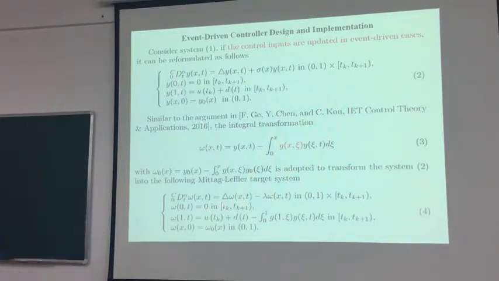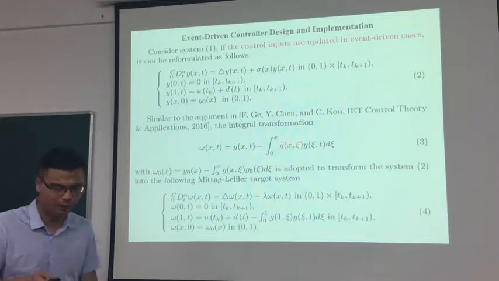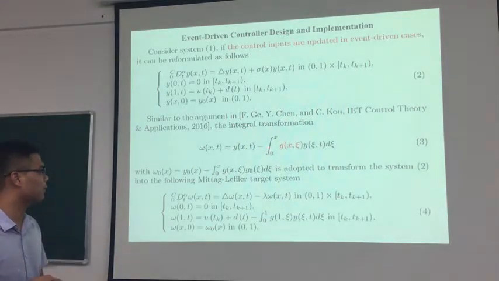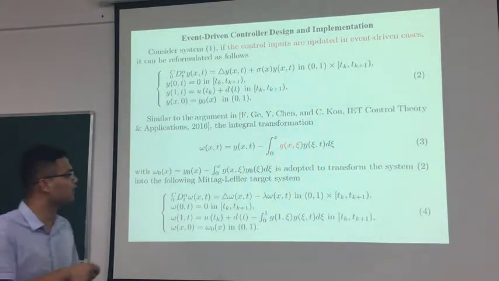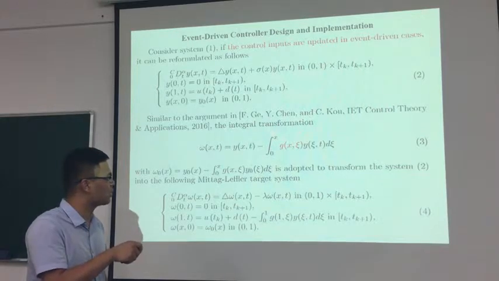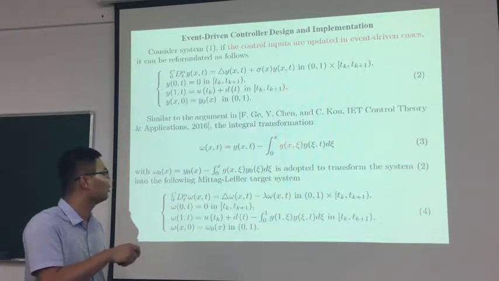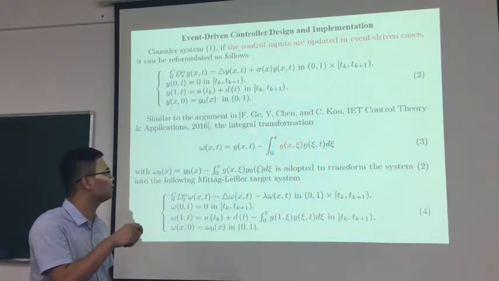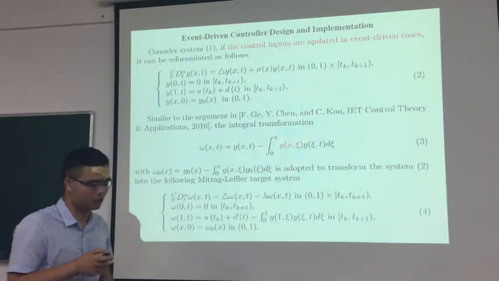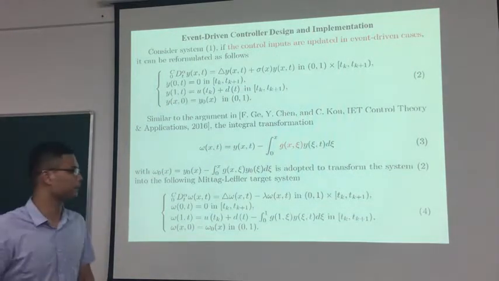You can see from this target system, we can prove that this target system is Mittag-Leffler stable. Then we should show that the kernel of the integral transform exists, so we can prove that the system 2 is also Mittag-Leffler stable.